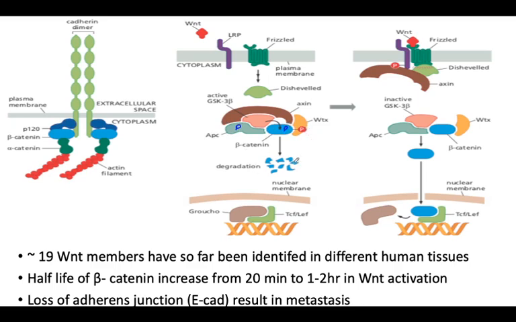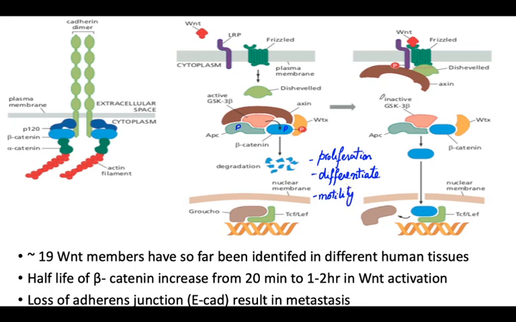These proteins being phosphorylated by GSK3 beta are unable to translocate inside the nucleus. That means they are unable to proceed the cell towards proliferation, differentiation and motility. So the cell is unable to proliferate or differentiate further in the absence of these signals, right? And motility.